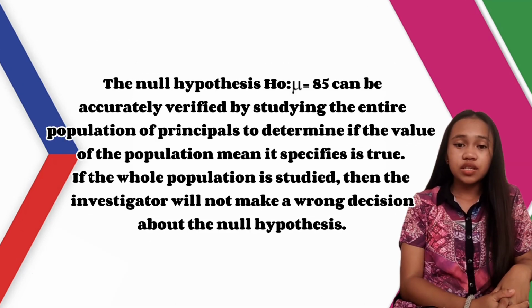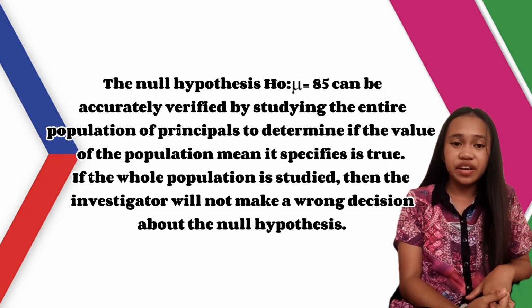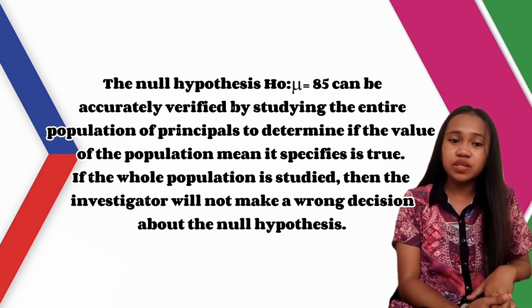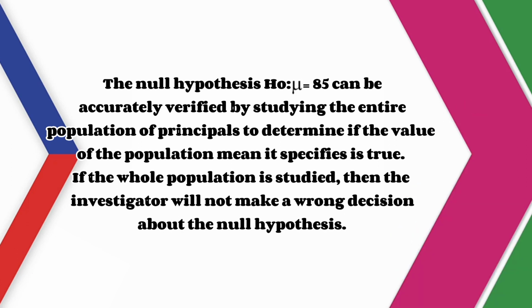The null hypothesis, or H null, that the mean is equal to 85, can be quickly verified by studying the entire population of principals to determine if the value of the population mean it specifies is true. If the whole population is studied, then the investigator will not make a wrong decision about the null hypothesis.